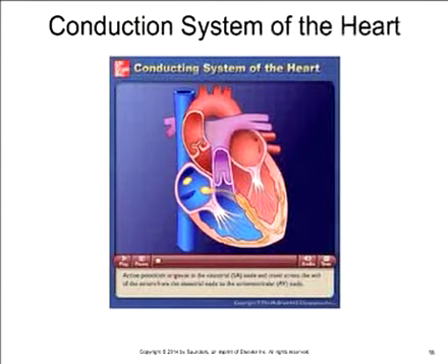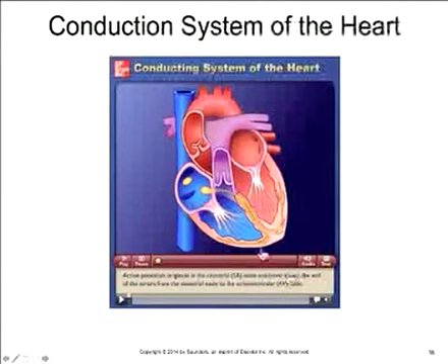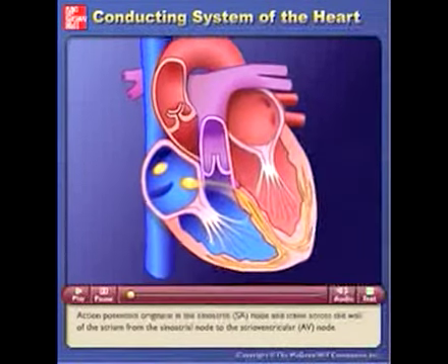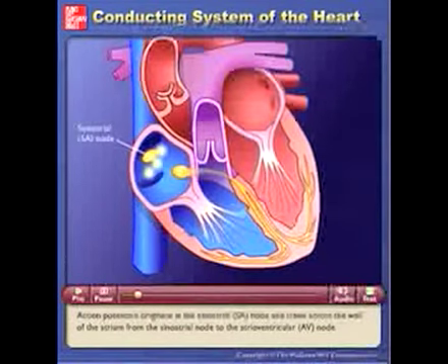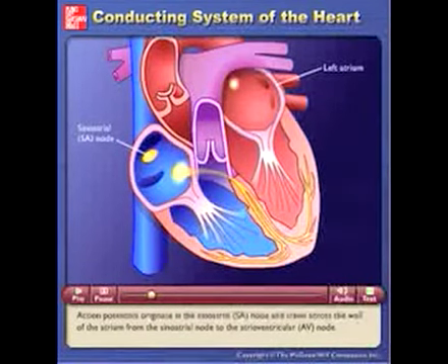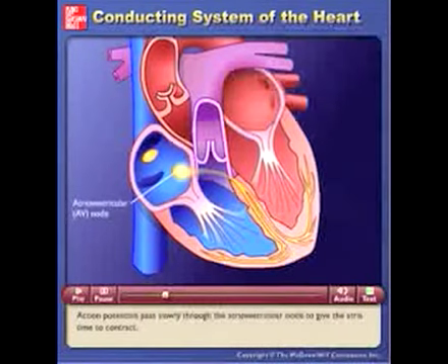So this is a look at the heart's conduction system. Action potentials originate in the sinoatrial node and travel across the wall of the atrium from the sinoatrial node to the atrioventricular node. Action potentials pass slowly through the atrioventricular node to give the atria time to contract.